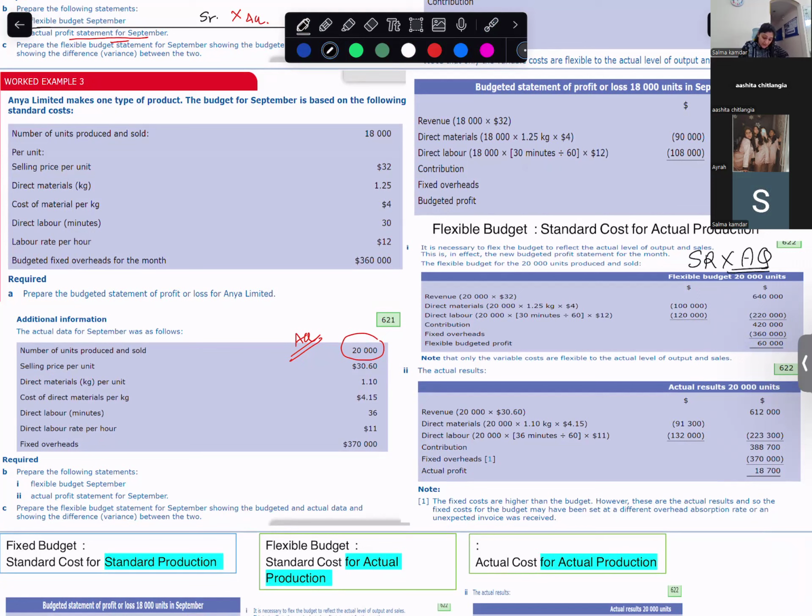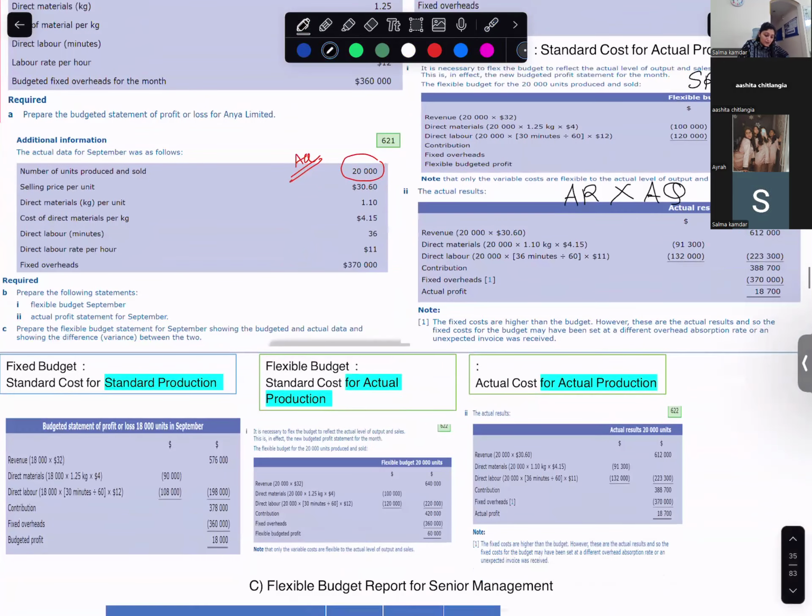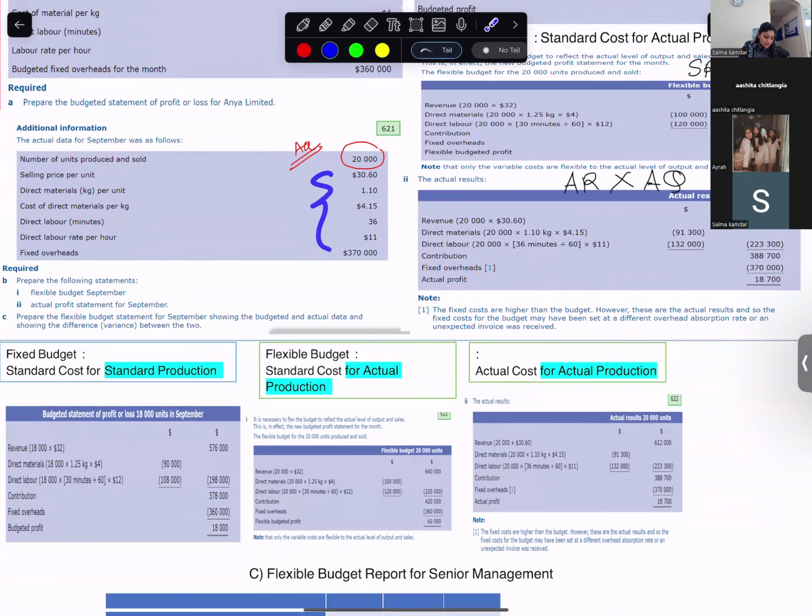Now, actual budget. What is actual budget? Actual budget is actual rate into actual quantity. When I'm talking about actual rate, these will be the actual rates and 20,000 will be your actual quantity.